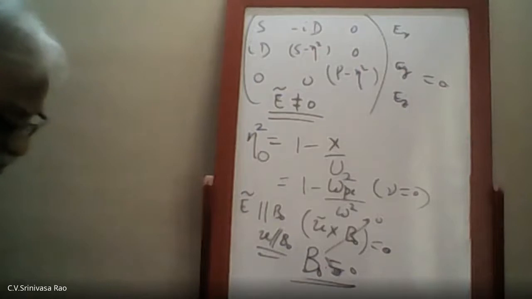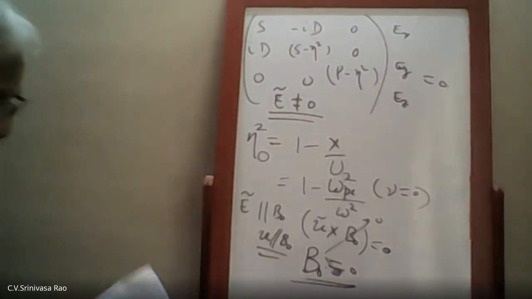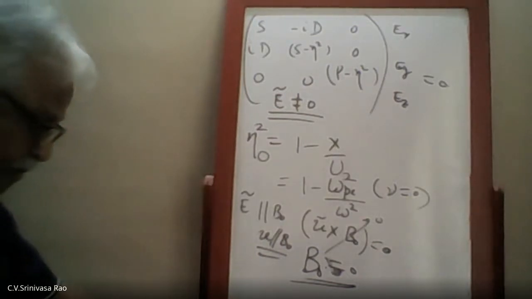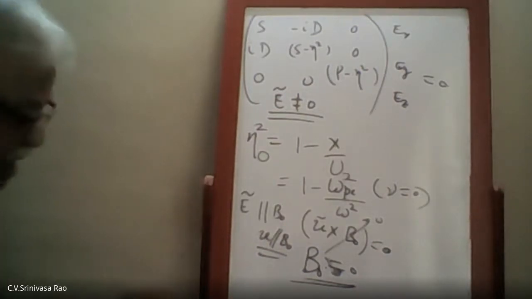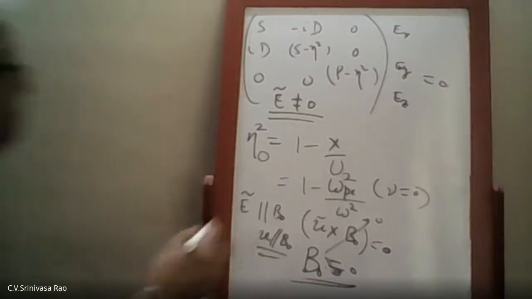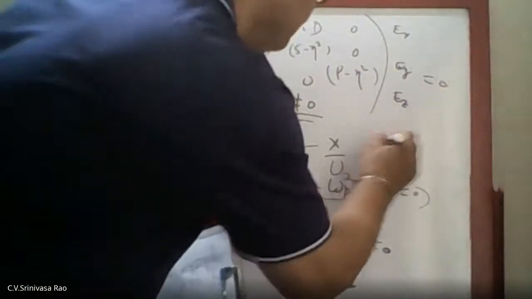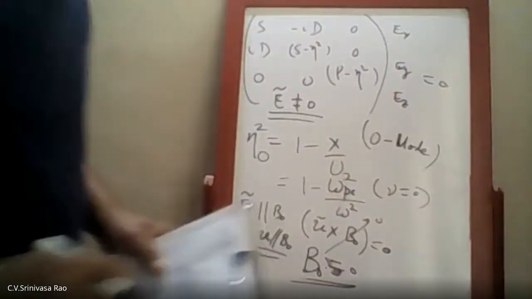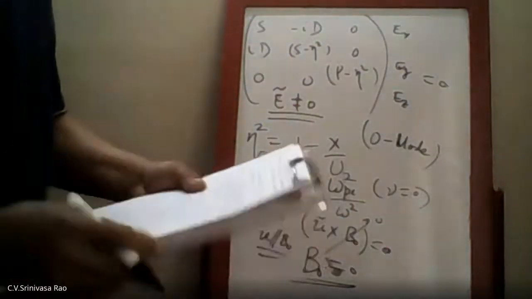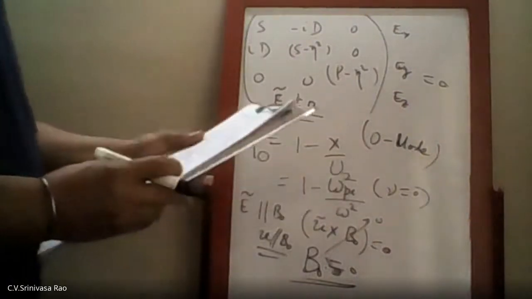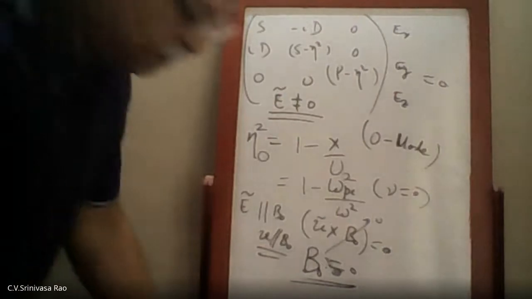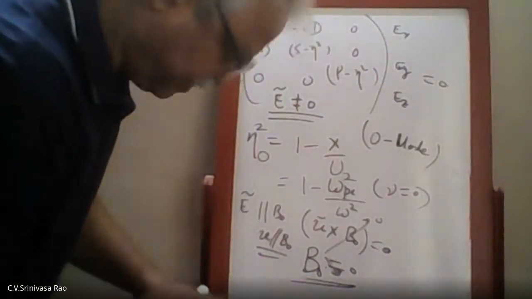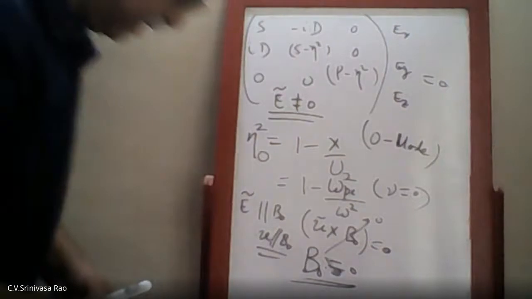And this ordinary wave is also called O mode, O mode propagation or O wave, ordinary wave. Okay, this was one of the waves. So let us see what are the characteristics of this wave.